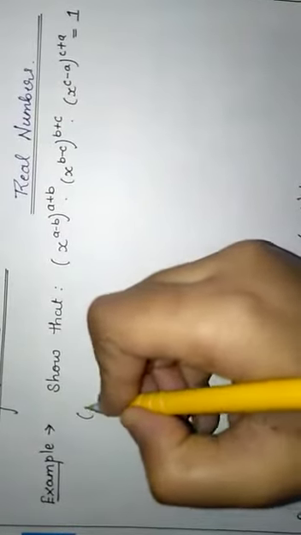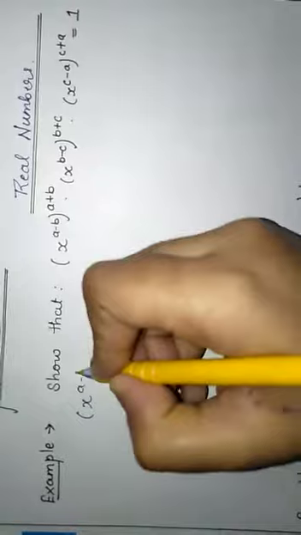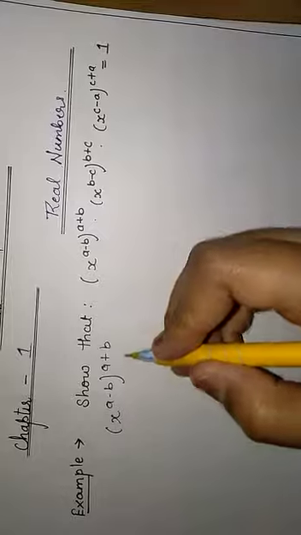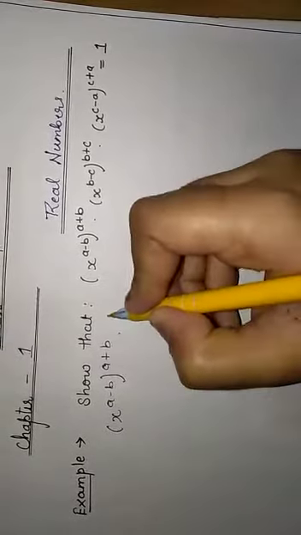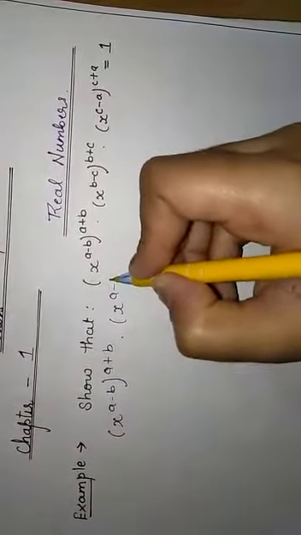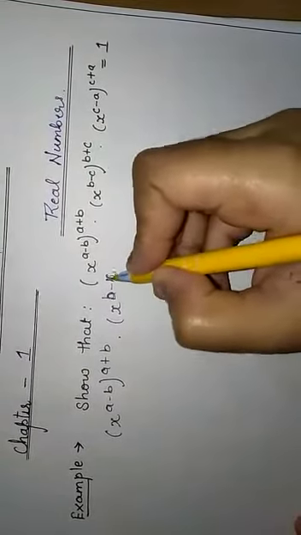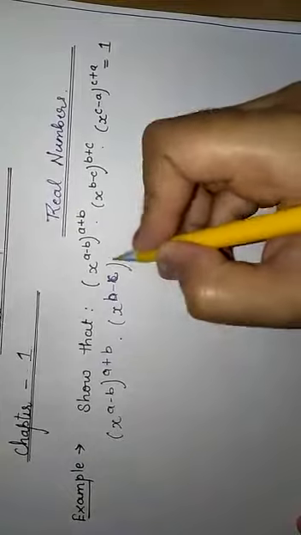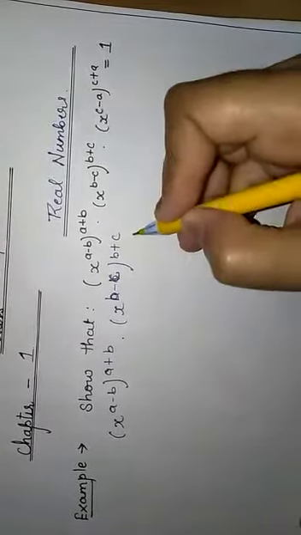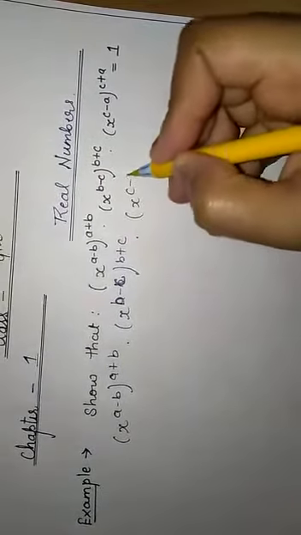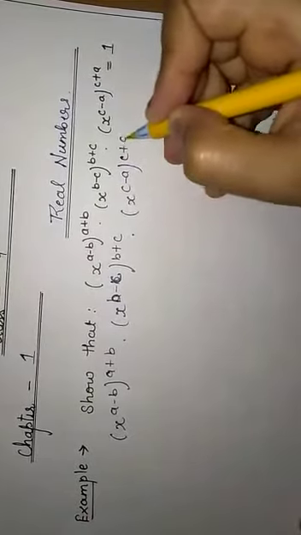I am going to write this example as x to the power (a minus b)(a plus b), x to the power (b minus c)(b plus c), and x to the power (c minus a)(c plus a).